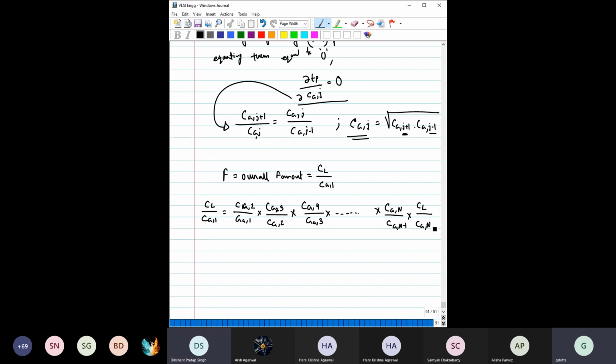So you can check it. So this CL by CG1 I can write it like this.